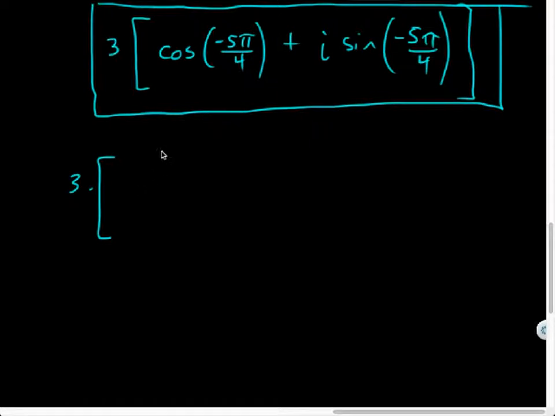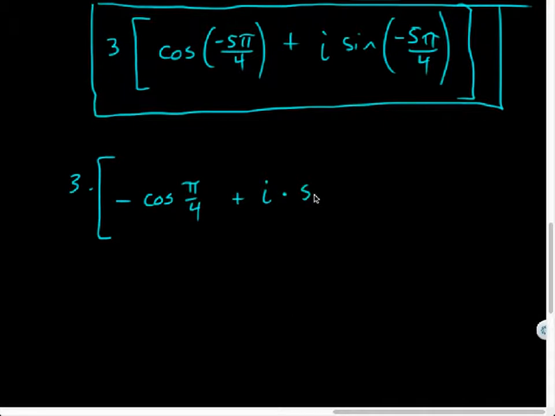So cosine negative 5 pi over 4, that's just a little bit bigger than pi, but in the negative direction. So that's actually second quadrant. Cosine is negative in that quadrant, and the reference angle is pi over 4, or 45 degrees if you're wondering. Plus I times the sine of an angle in the second quadrant is positive.